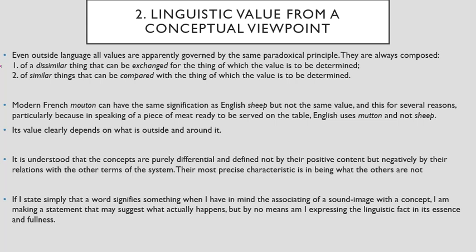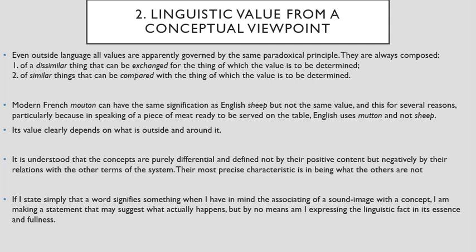Again, for example, imagine a piece of coin. Saussure himself gives the example of a 5 franc coin. It can be exchanged for something completely dissimilar to it, like a piece of bread. I can give a 5 franc gold piece and get a bread, something dissimilar, but the values are similar.